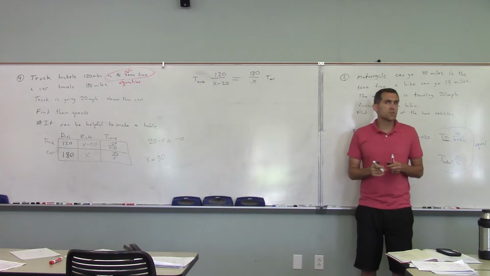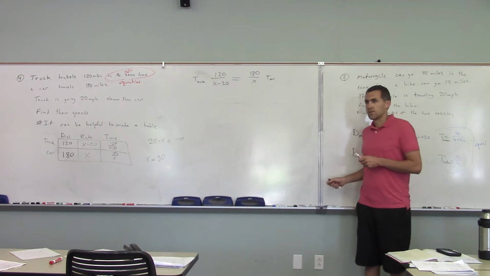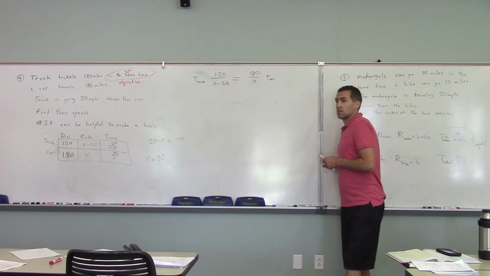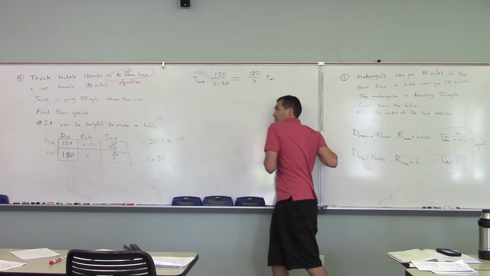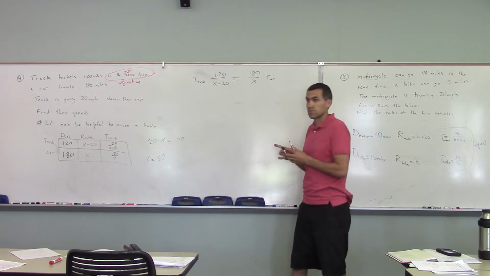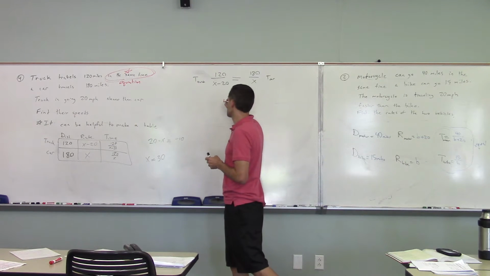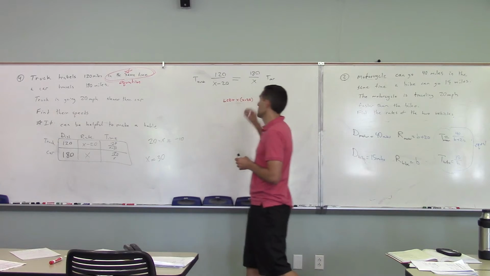Alright, and then it's always the same strategy to solve, right? Miguel, how would I solve that? The LCD. Yeah, which is? x times x minus 20. Exactly, so the LCD, because they're two totally different things, is x times x minus 20, and then?